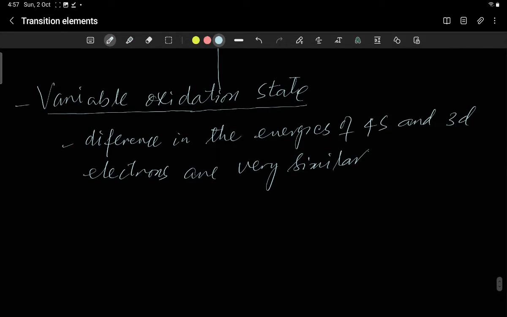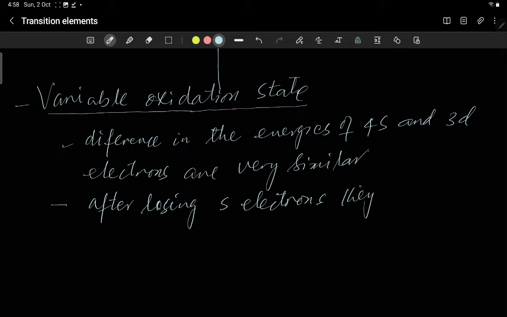Therefore, after losing their s electrons, they may also lose d electrons.